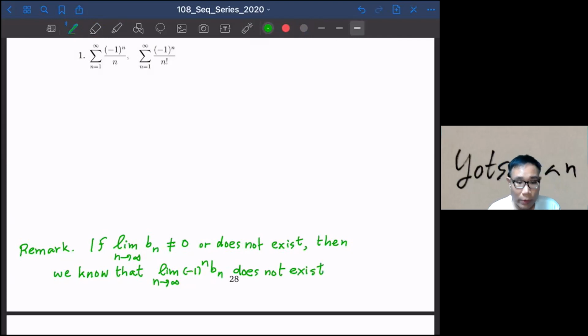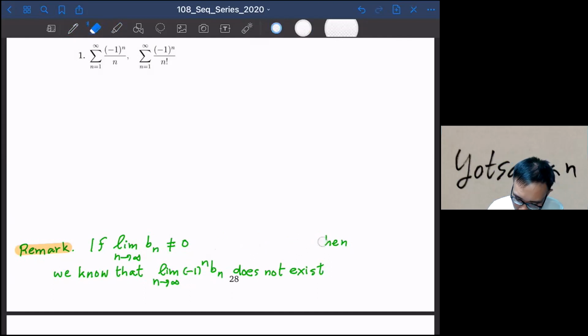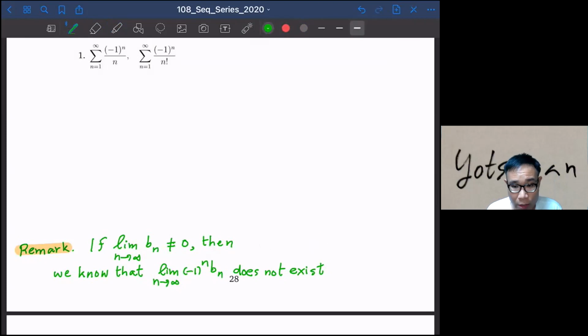Actually, it is better to just say the limit is not equal to 0, since that already includes does not exist.